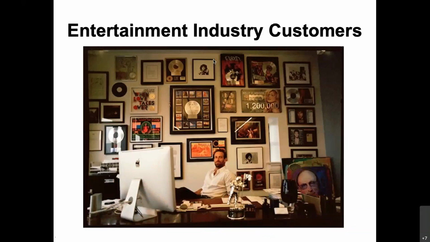The second type of customer is the entertainment industry customer. Obviously, an entertainment industry customer may be a record label, a talent buyer, or a publisher. These are people who think they're going to be making money off your art, and the only way they can do that is if you have a lot of fan customers.